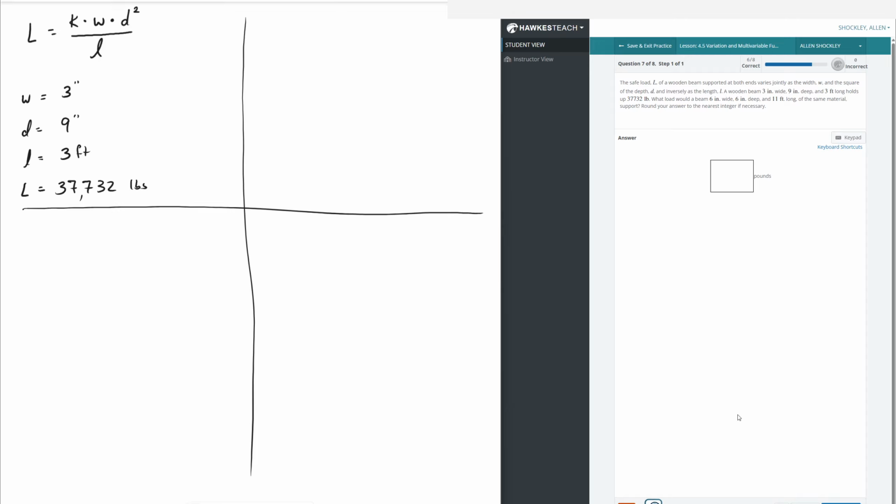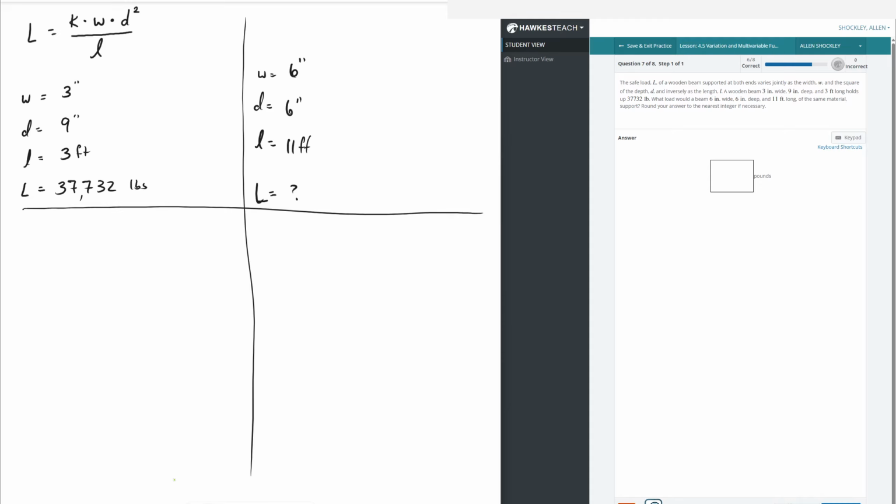What load would a beam hold? Again, I do not know my load, W, D, and L. So now we're going to do a 6-inch wide beam, 6-inch deep, and 11-foot long of the same material. A bunch of this is just plug and play.